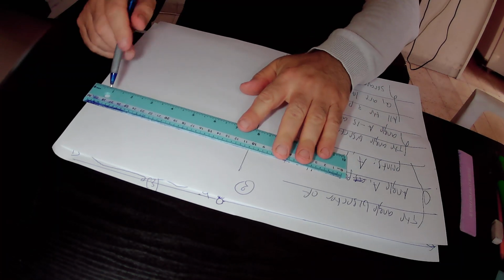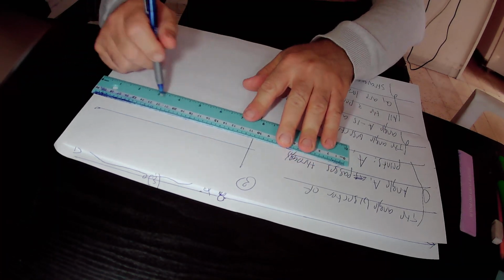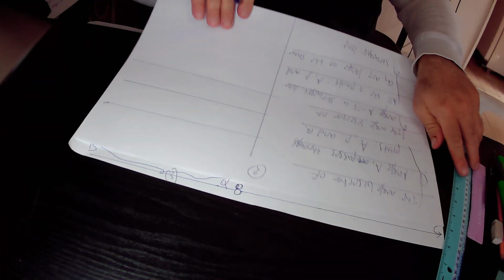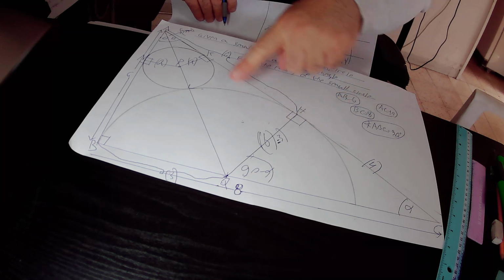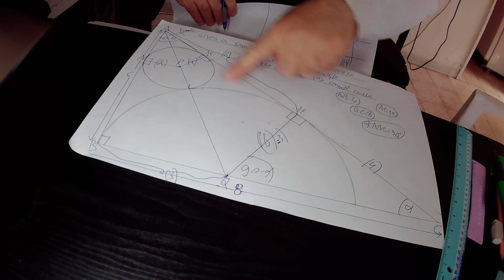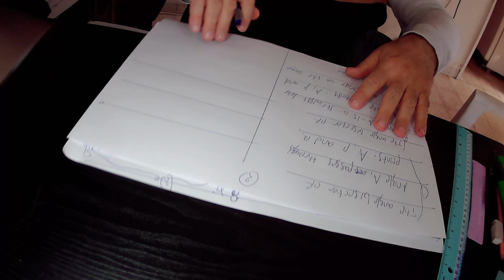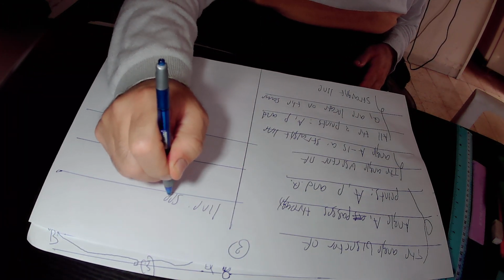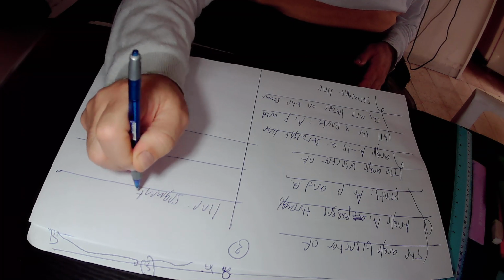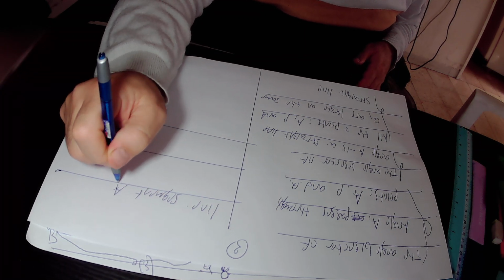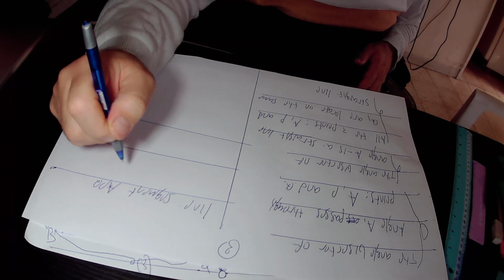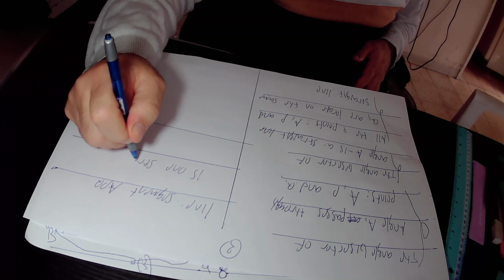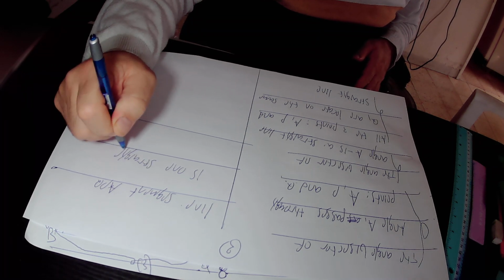Or in other words, we can write down that line segment APQ is one straight line. Again, line segment APQ is one straight line.